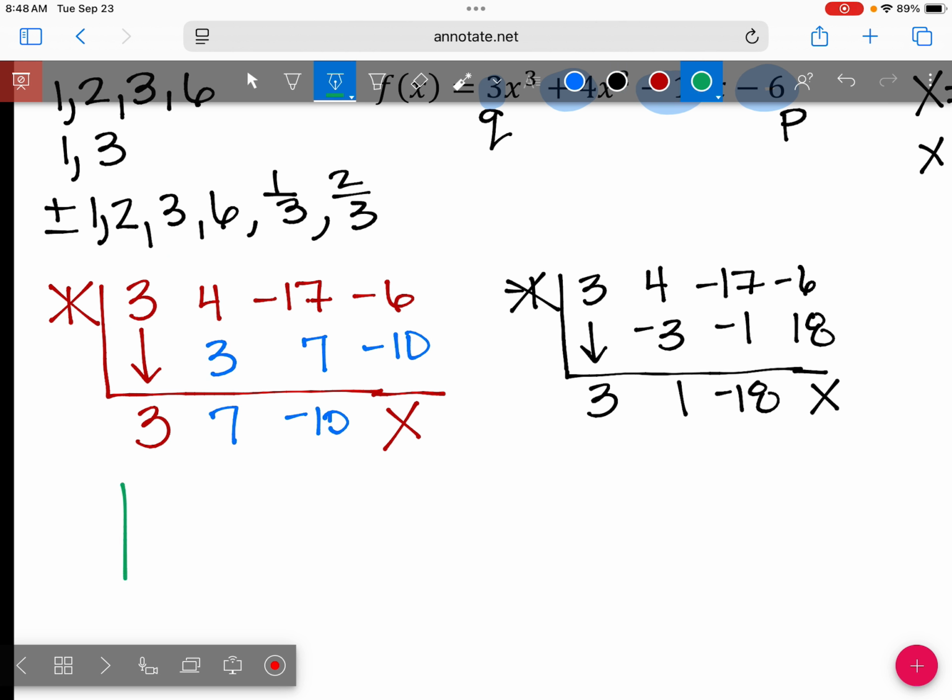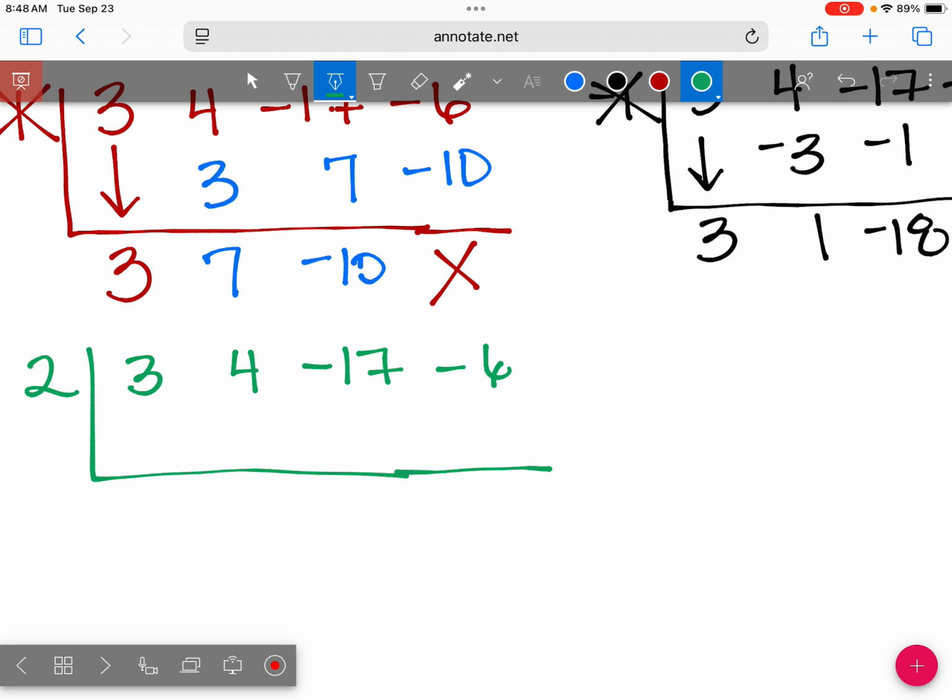So I'm going to do it again. Put the 2. List your 4 coefficients across the top. Bring down the first number, 3. 2 times 3 is 6. Put that here. What's 4 plus 6? 10. 2 times 10 is what?